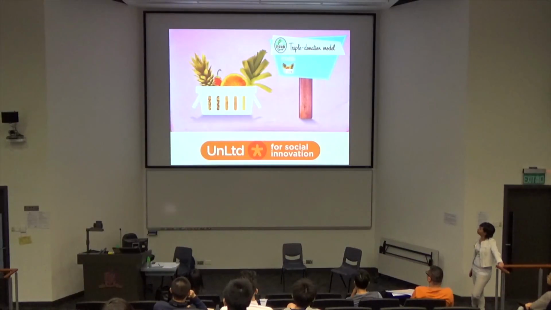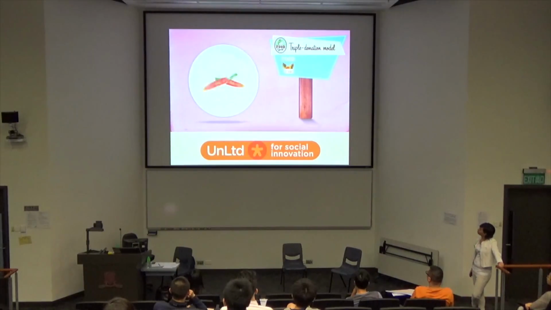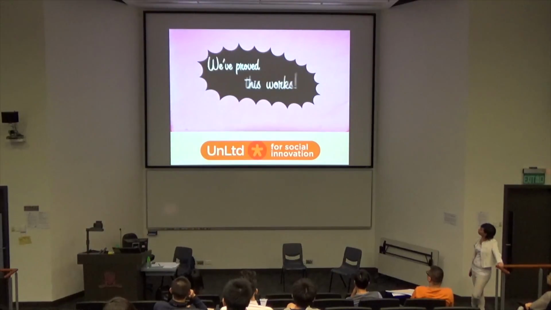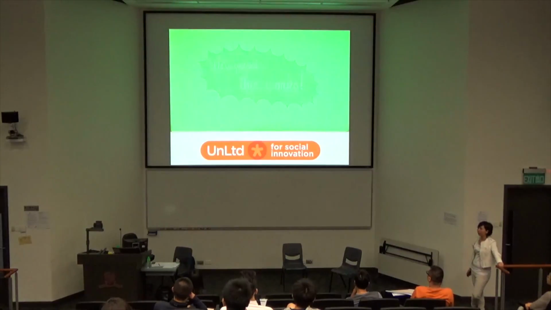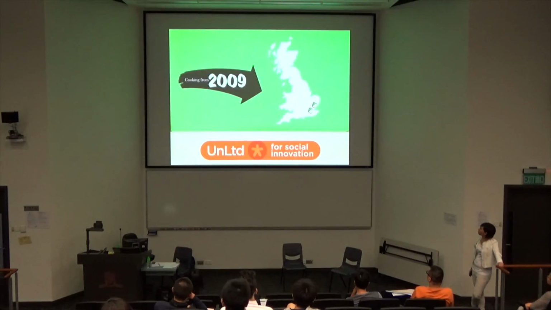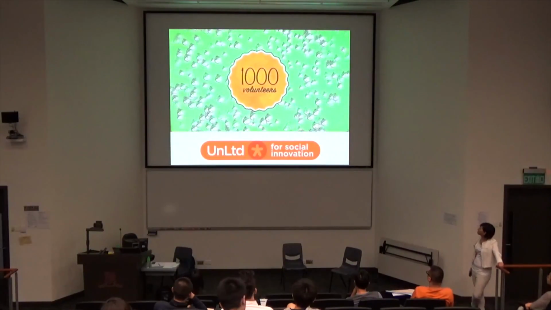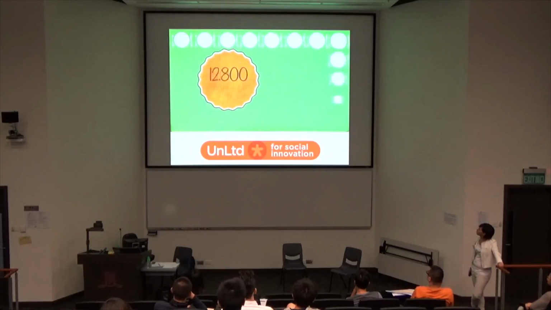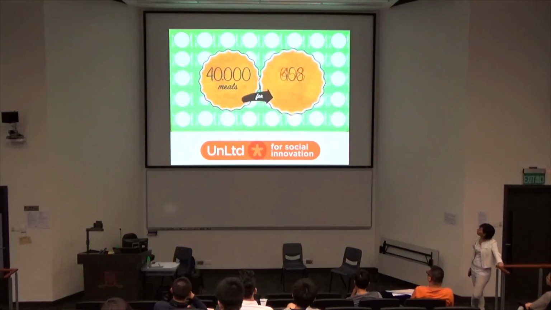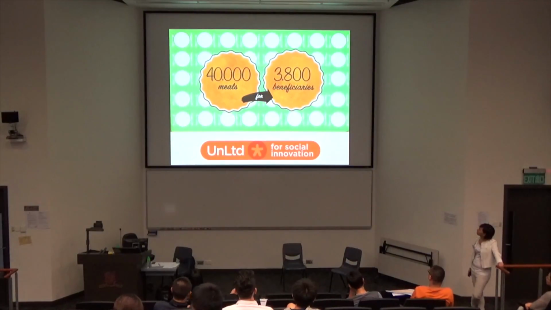Supermarkets donate food, volunteers donate their time, and local partners donate a kitchen space. We've proved this works. In just 3 years, we've gone from 2 hubs to 14. We now have more than 1,000 volunteers who have served over 40,000 meals to 3,800 beneficiaries.